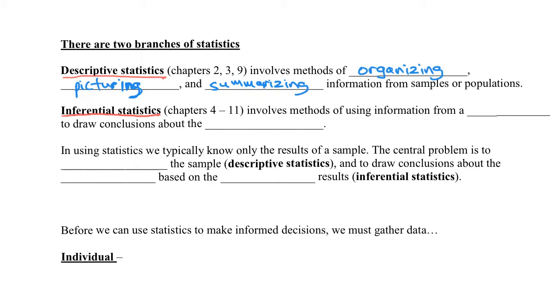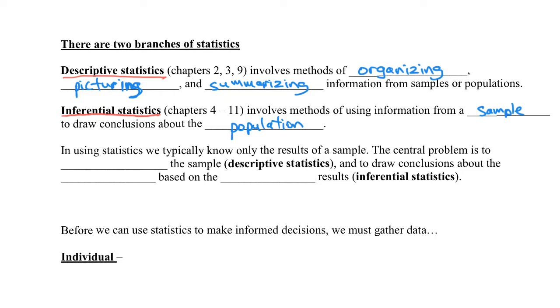This involves methods of using information from a sample to draw conclusions about the population. So this is where you look at a sample. All you have is a sample of data, and then you try to infer information about the population that the sample came from. Okay, so we'll start off with descriptive, and we'll move to inferential statistics.